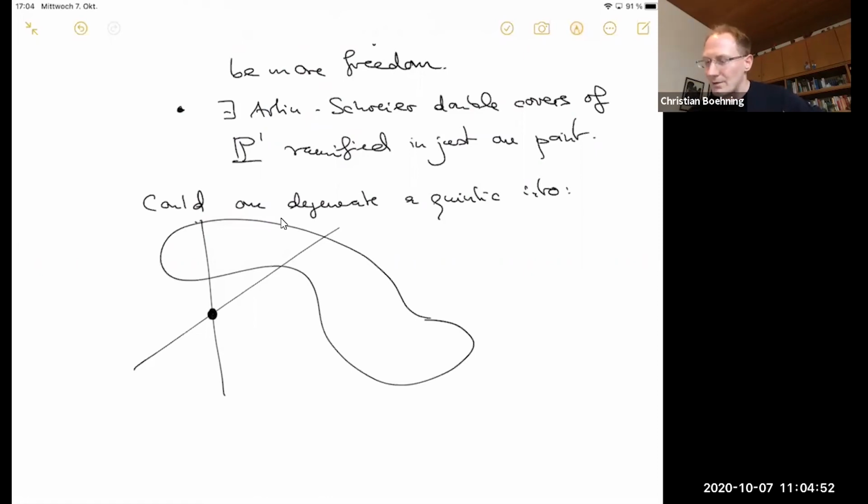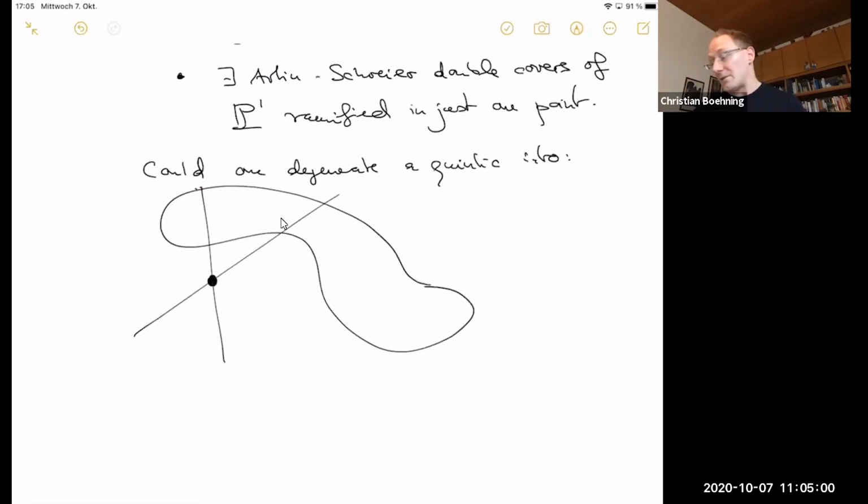So could one cook up a conic bundle with such a discriminant profile in characteristic 2? You see there would be no secondary ramification in the intersections. So if there were conic bundles having these two discriminant profiles, this cubic and this cross of lines separately, we would be done, or we would be through.